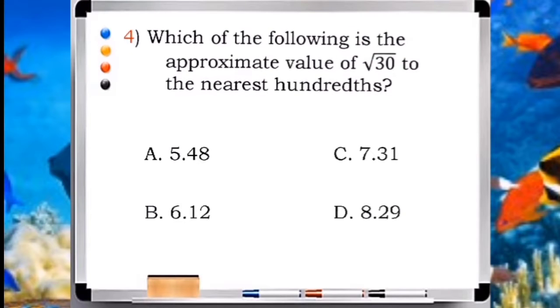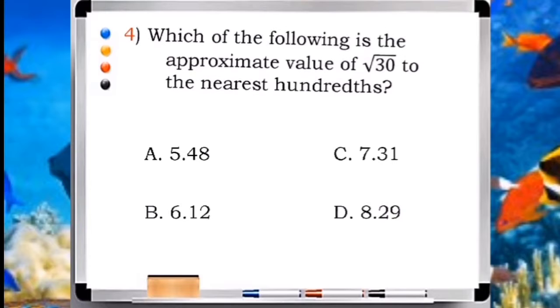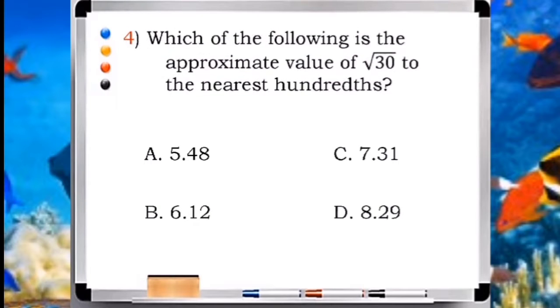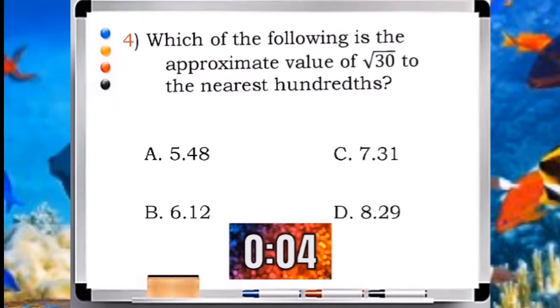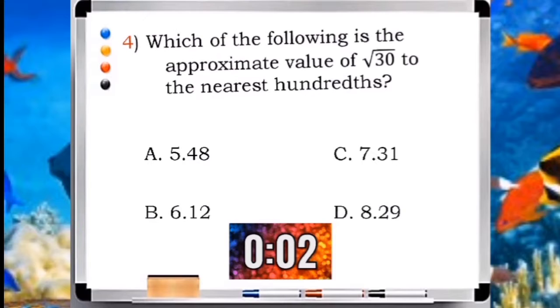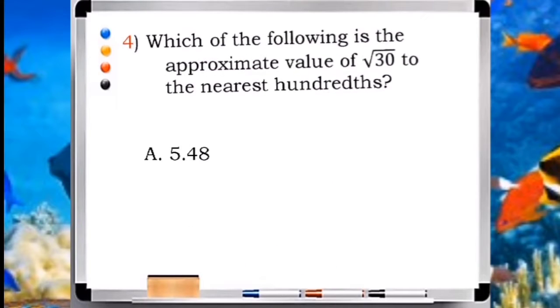Letter A, 5 and 48 hundredths. Letter B, 6 and 12 hundredths. Letter C, 7 and 31 hundredths. And letter D, 8 and 29 hundredths. Your time starts now. Time is up. If your answer is letter A, very good, you're correct.